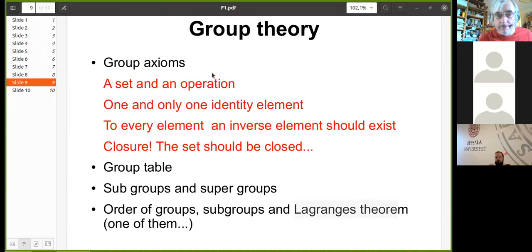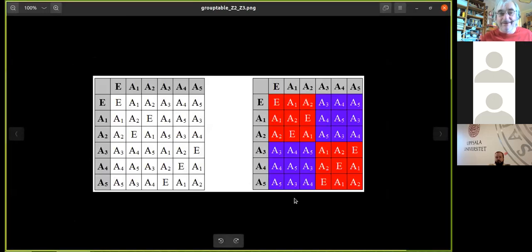No, sorry. Here? Yeah. This is a 6th order group, one of them. A group table for a 6th order group with an element E and 5 different elements. And then we have them on the main row and in the main column.